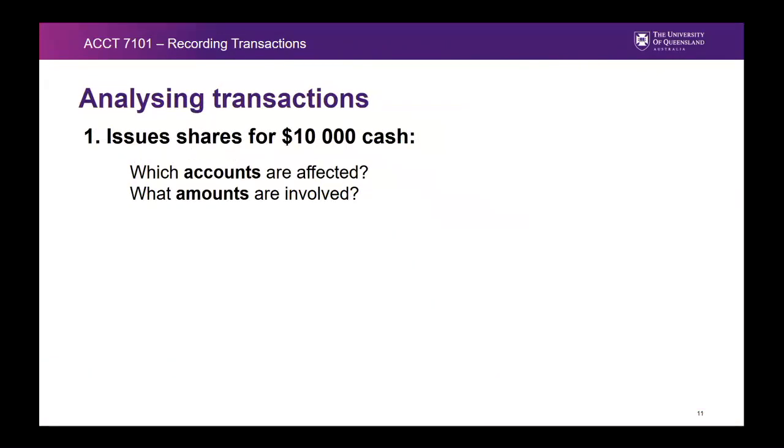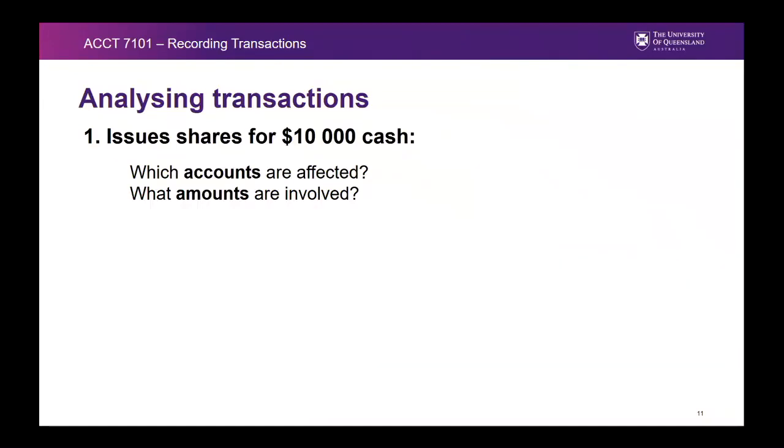Okay, so let's have a look at some transactions and the effect. So we issue shares for $10,000 cash. So the two things we need to think about are which accounts are involved in the transaction and what amounts we record.